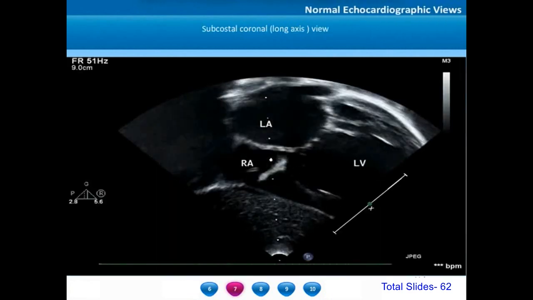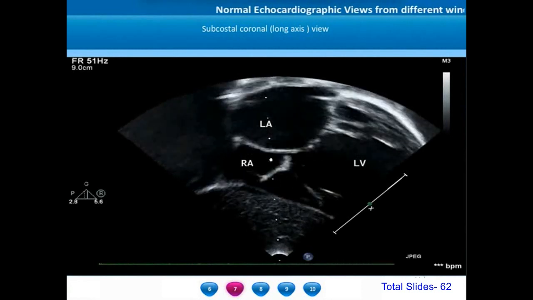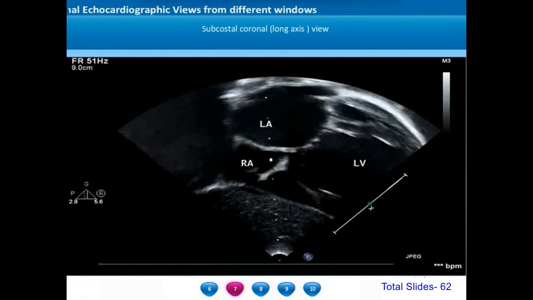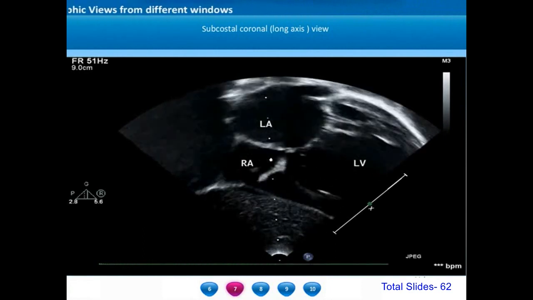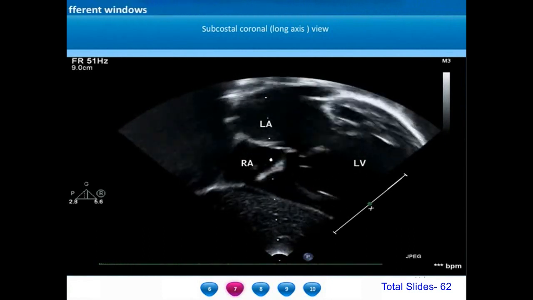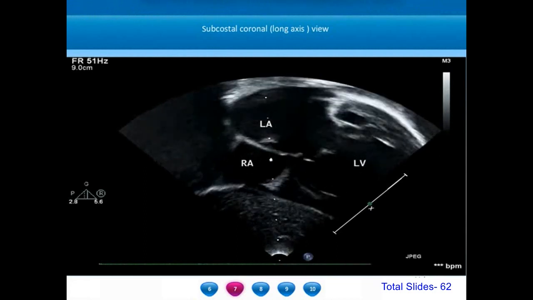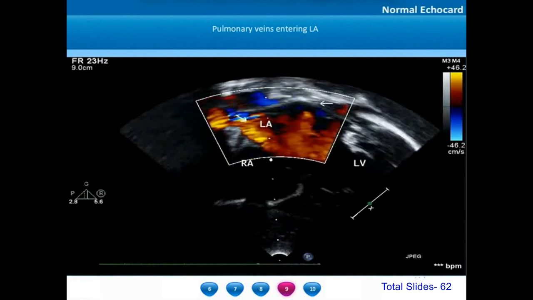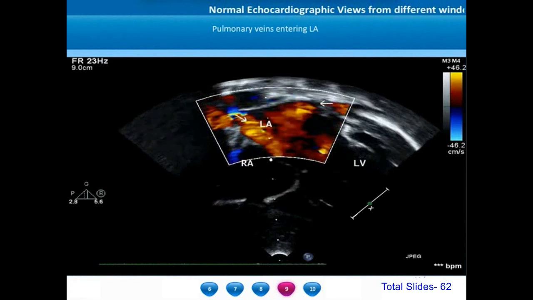As we see further up, we start noticing the two atria, the left atrium and the right atrium, the intraatrial septum between the two. The pulmonary veins from both sides will be seen entering the left atrium. With color Doppler, we can appreciate the color flows from the pulmonary veins into the posterior wall of the left atrium.